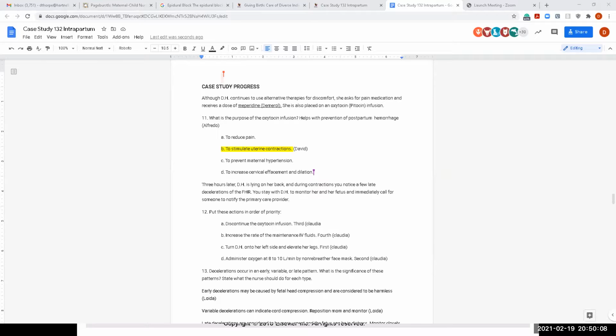Think about what Demerol might do to the baby. Is it fentanyl? Yeah, fentanyl.